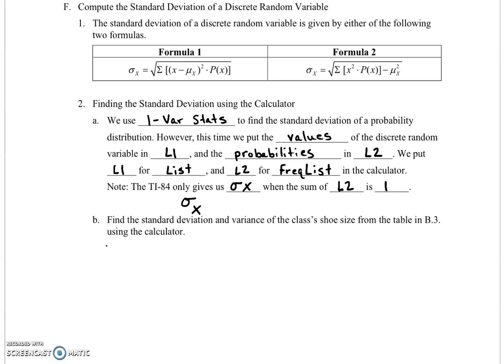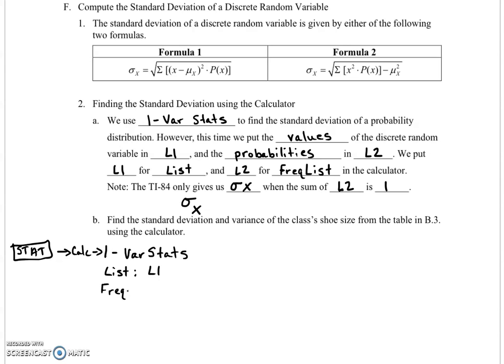So, using one-var stats, and remember we get to that by the stat button, and then calc, and then one-var stats, and remember list was L1, frequency list was L2, and remember that was shoe size in L1 and probabilities in L2.